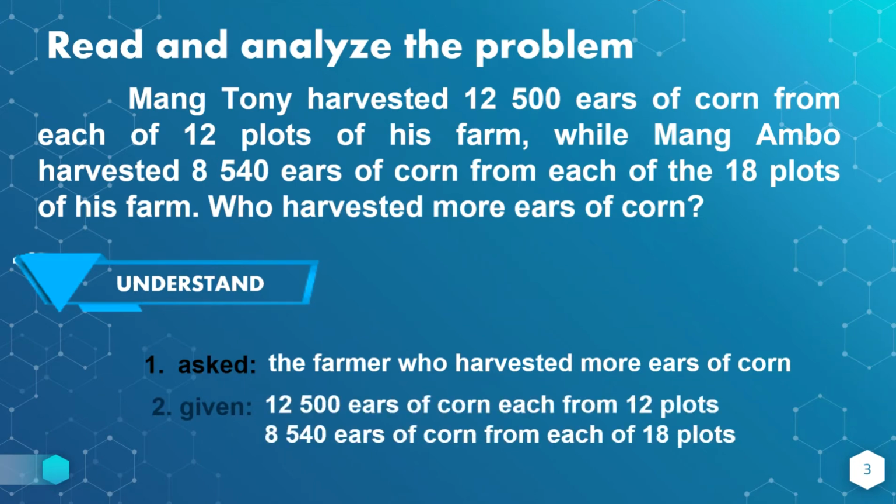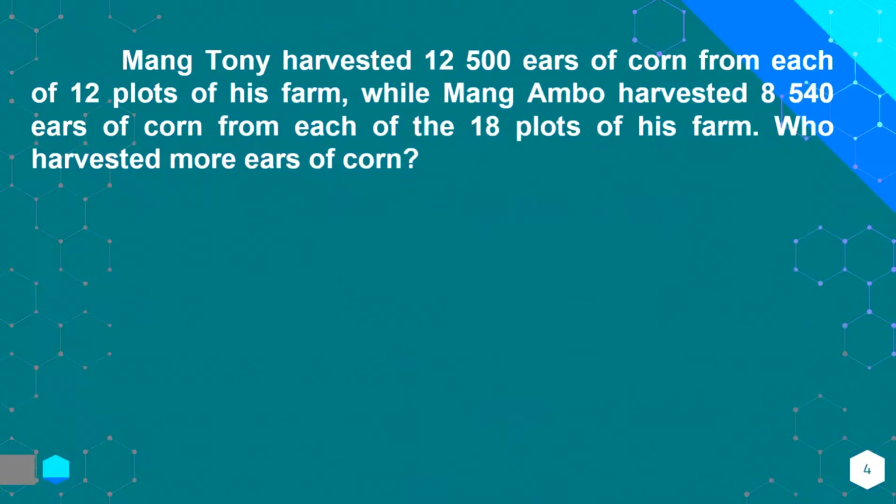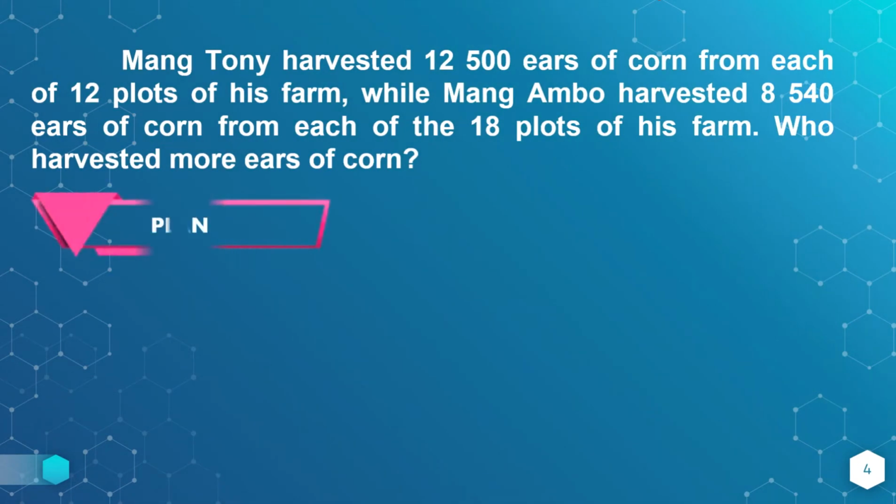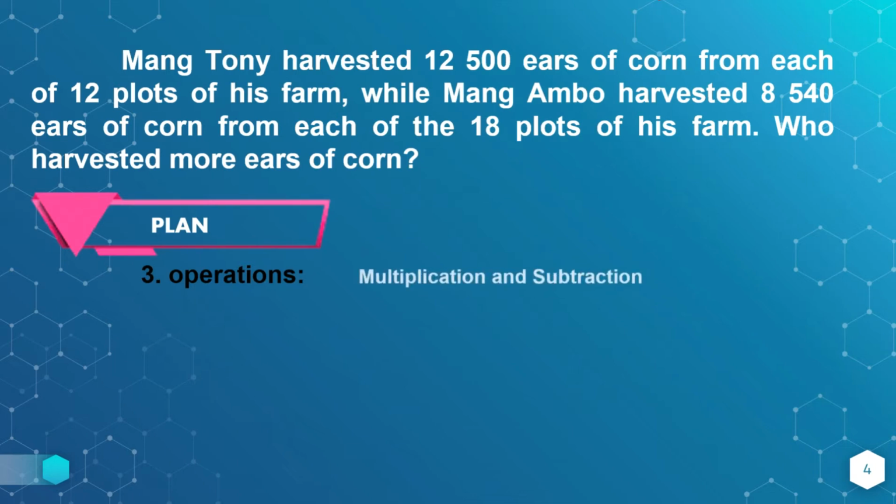So we have 12,500 ears of corn, each from the 12 plots, 8,540 ears of corn from each of the 18 plots. The next step is to plan. So under this is the operations to be used. So to know how many corn did Mang Tony and Mang Ambo harvested, we have to multiply the number of ears and the number of plots that they have.